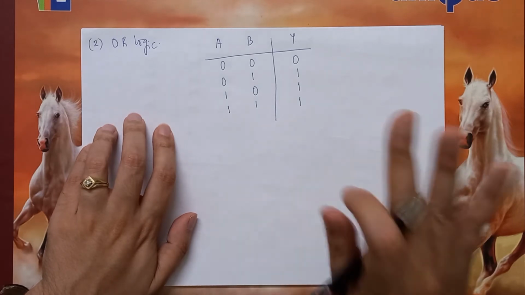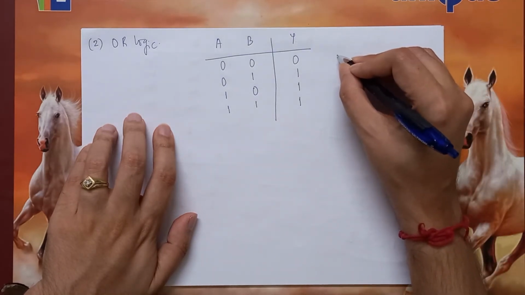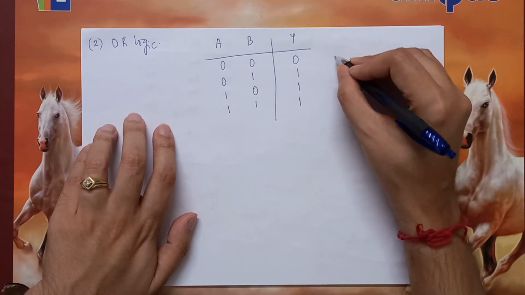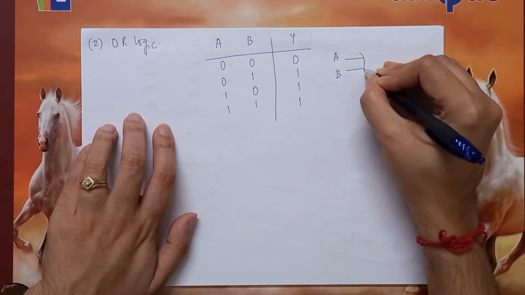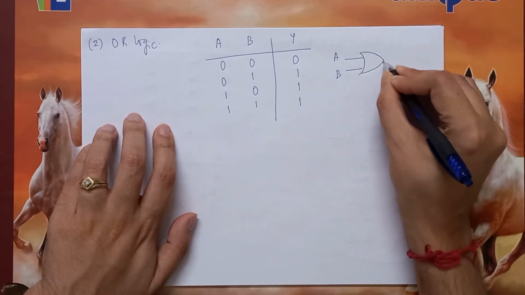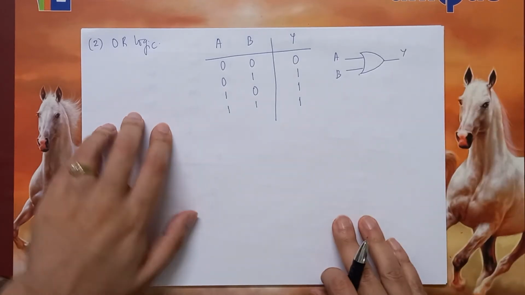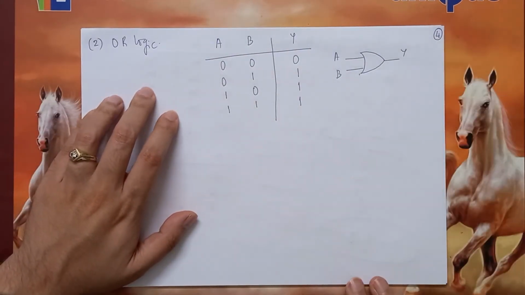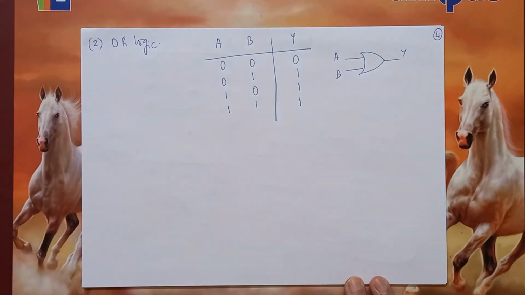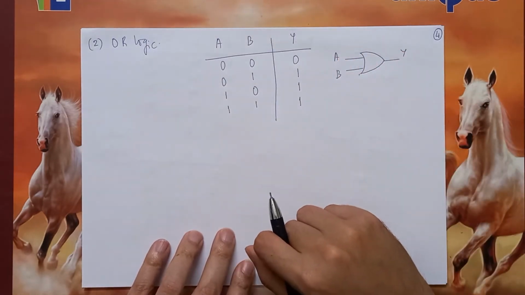Now, pictorially, in terms of circuit, the OR logic is also represented in the form of a gate where the two inputs are there and the gate looks like this. So we can also write the relationship between Y and the inputs in the form of an equation.